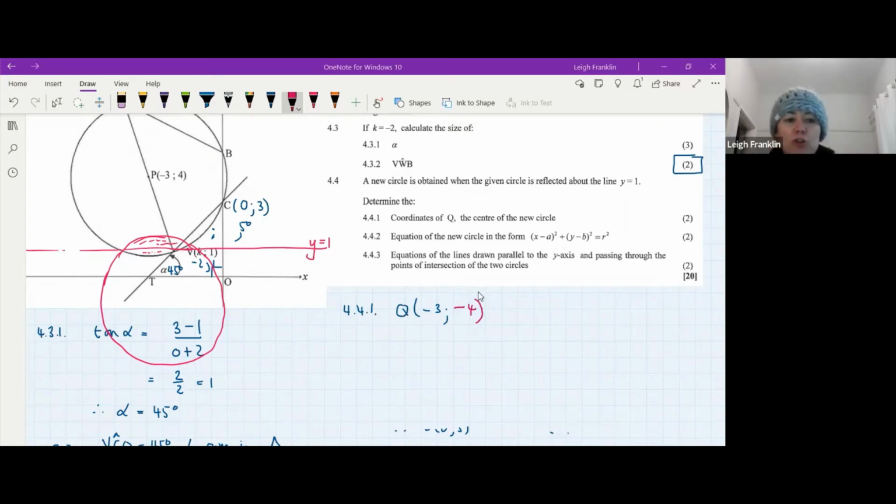So it's further up, it's higher up. How are we going to work out how much higher it is? If it was reflected over the line y equals 0, or the x-axis, then we would end up with this outcome, wouldn't we? But it was reflected over a line that was higher up than that. You do need to move it up, but it's not just one unit.